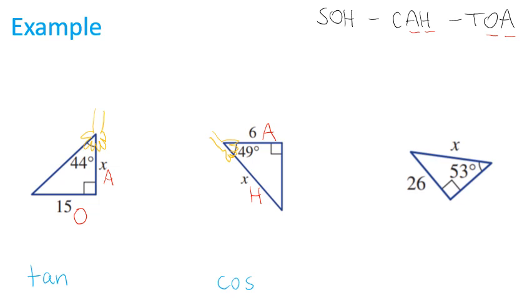And the last one, put my finger on the angle. I've got the hypotenuse, which is opposite the right angle, and I won't touch the opposite side. So I've got O and H, which is sine.